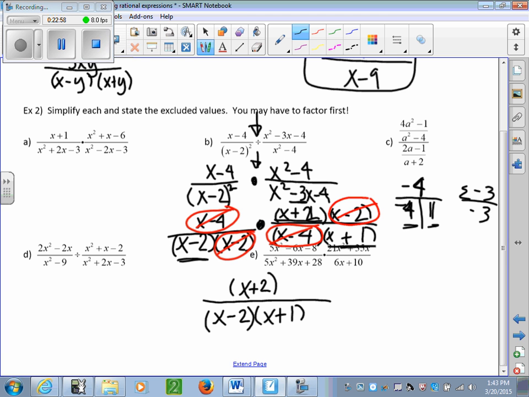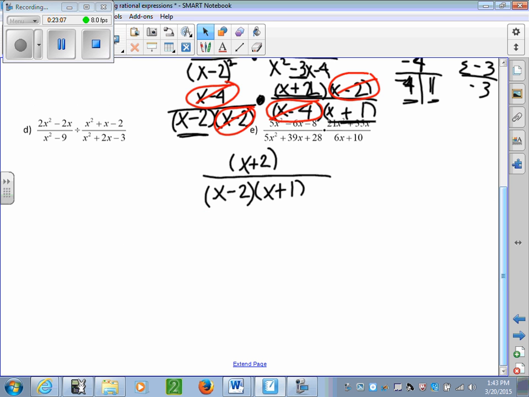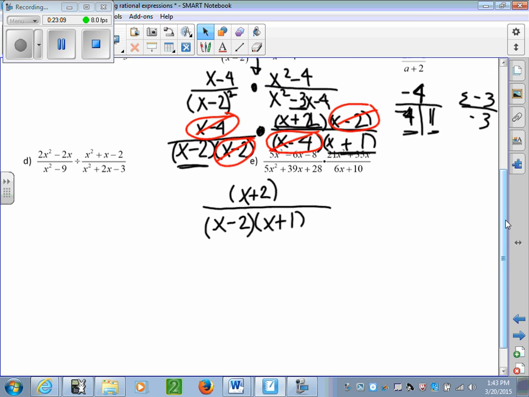Okay, and that's that. Now, my excluded values are, think of them kind of like when we found our vertical asymptotes. My excluded values are where my denominator equals 0, and it's where my denominator equals 0 before I cancel out any of the factors.